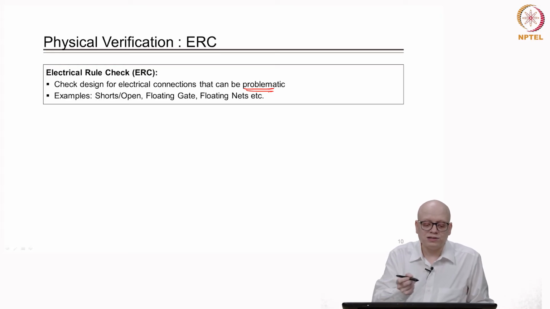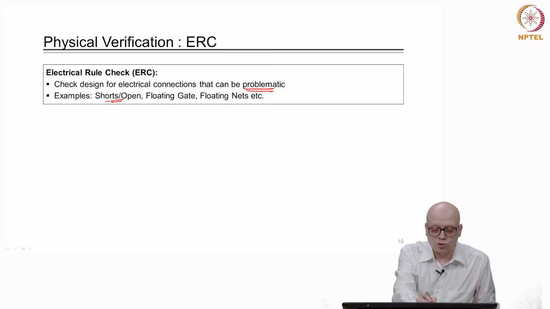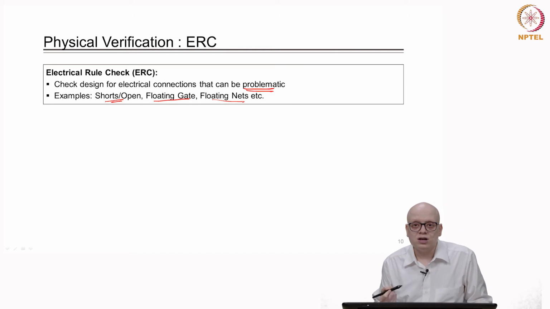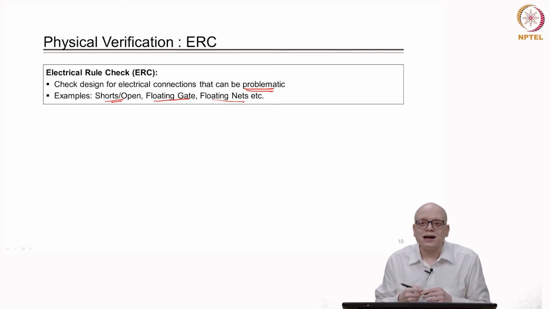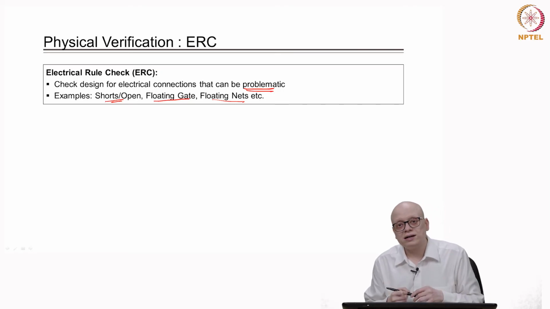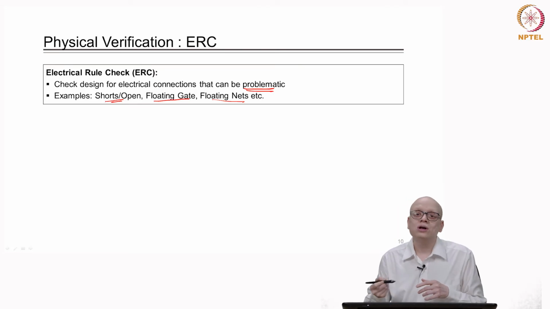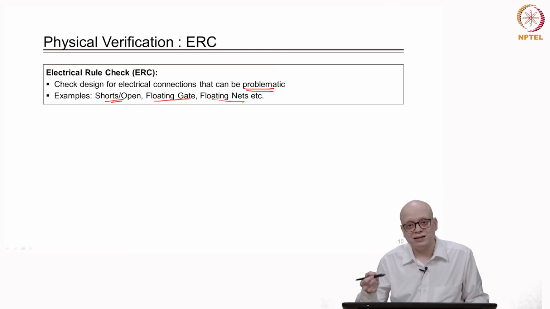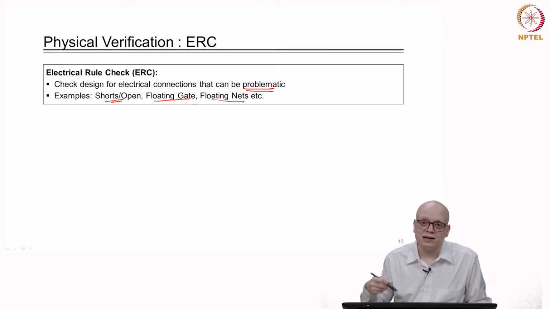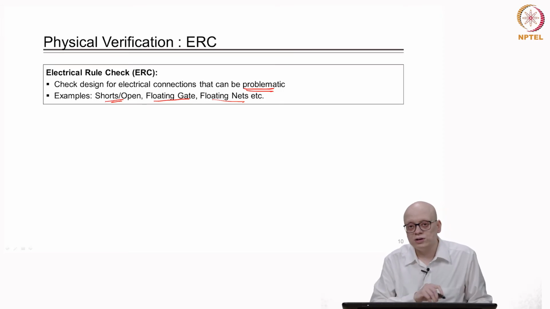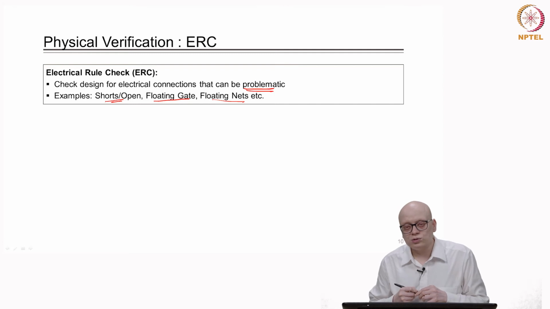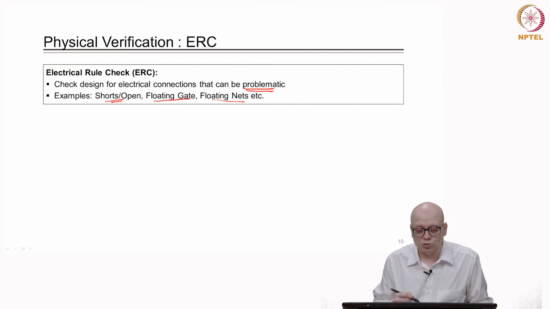For example, the problems can be shorts, opens, floating gates, floating nets, etc. When we do, say, circuit extraction, if the rule deck contains ERC rules also, then the ERC report will be created at that time, and then we can fix the issues without going further down the flow. We can just look at where the rule violation was and fix it.